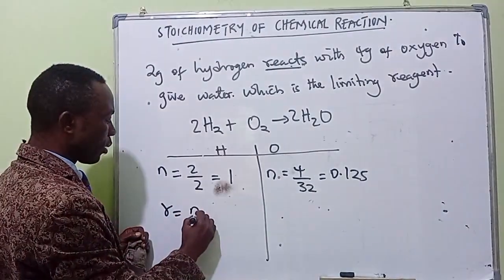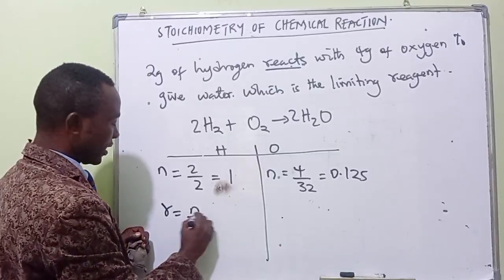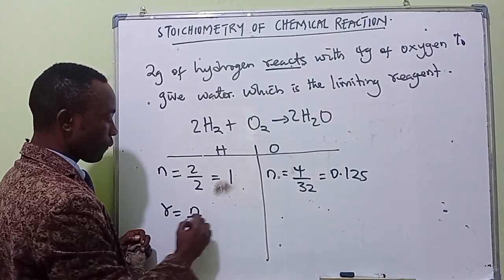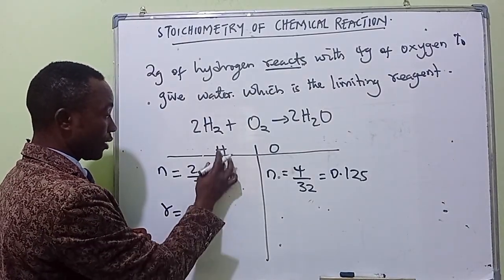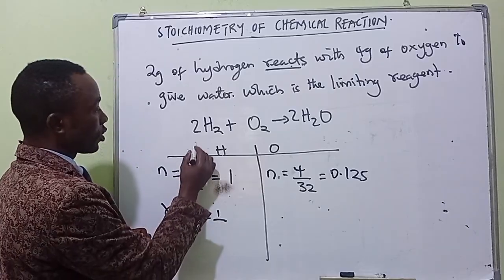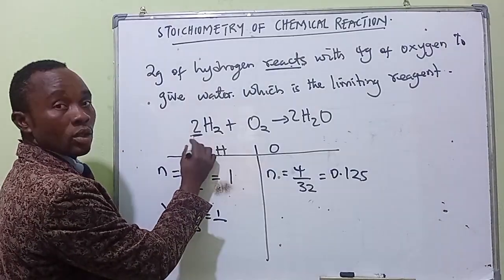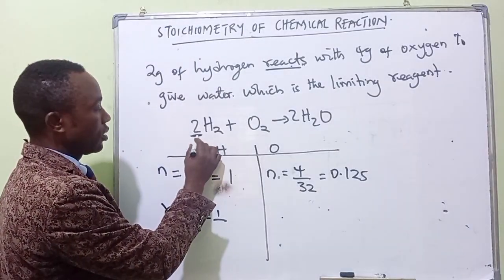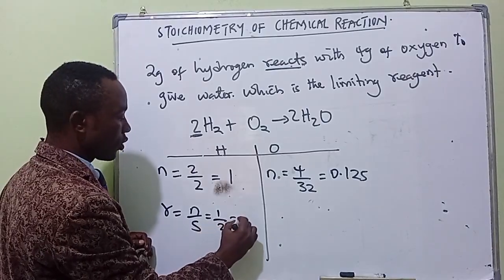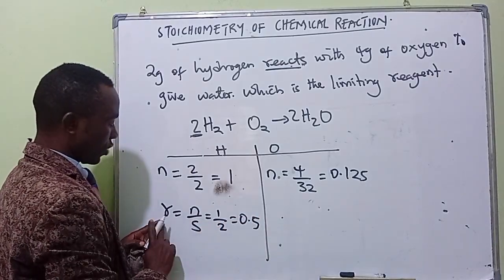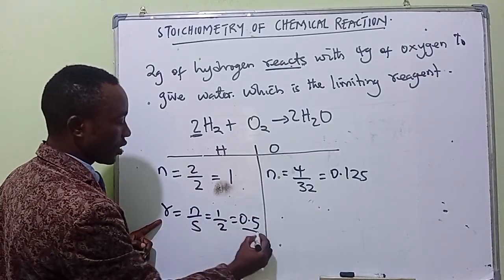Then you now need to get the ratio of mole. Remember, ratio of mole is the number of mole obtained divided by stoichiometric number of mole. The number of mole obtained for hydrogen is 1. The stoichiometric number of mole of hydrogen, that is the number of mole in the balanced equation, is 2. So that will give us 0.5. You can see the ratio of mole for hydrogen is 0.5.